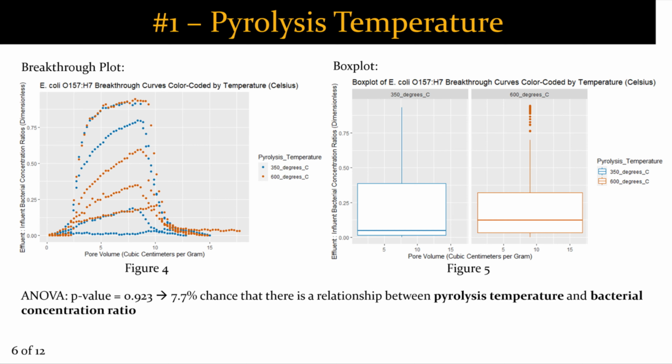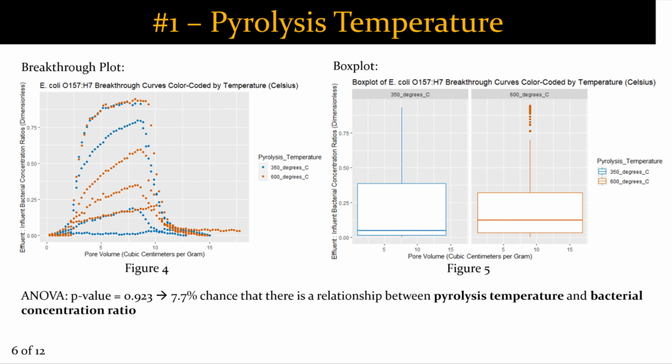However, upon performing an ANOVA test, it was determined that there is only a 7.7% chance that there is a relationship between pyrolysis temperature and bacterial concentration ratio, indicating that most likely there is no pyrolysis temperature that is favorable over the other when it comes to inhibiting E. coli transport.